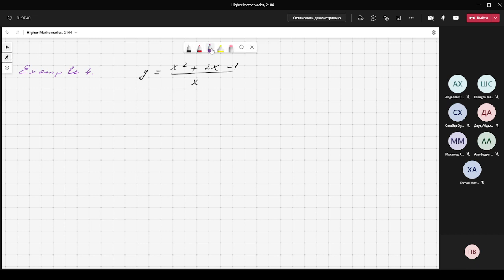Solution. First, look for vertical asymptotes. When x approaches minus 0, y approaches plus infinity. When x approaches plus 0, y approaches minus infinity. Therefore, the straight line x is 0 is a vertical asymptote.